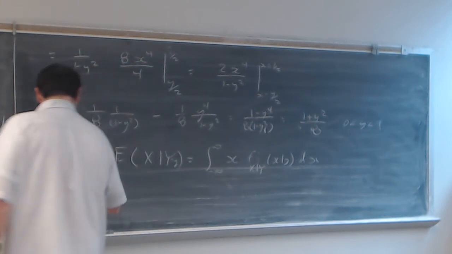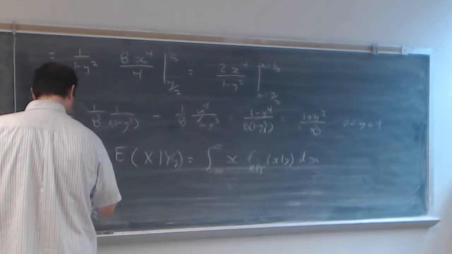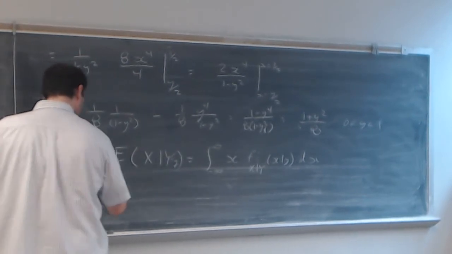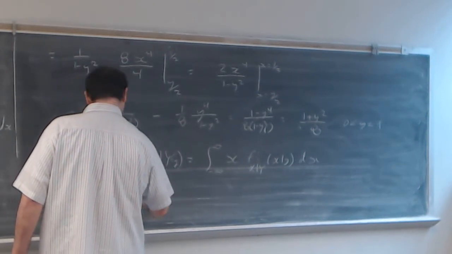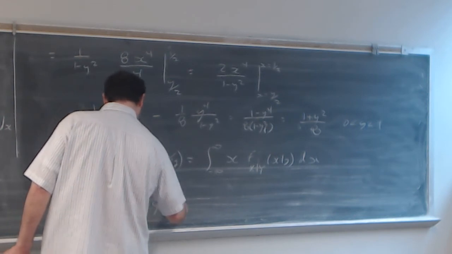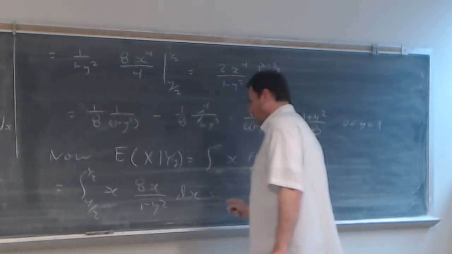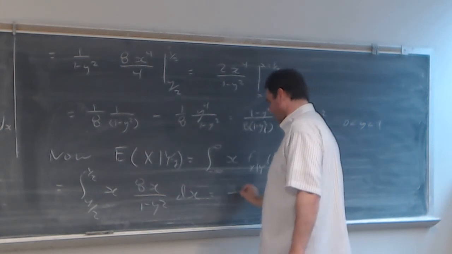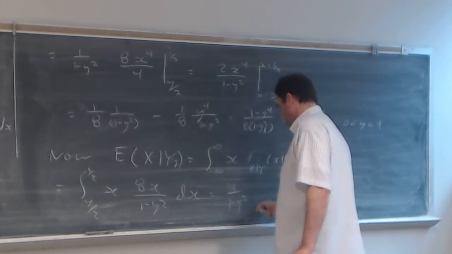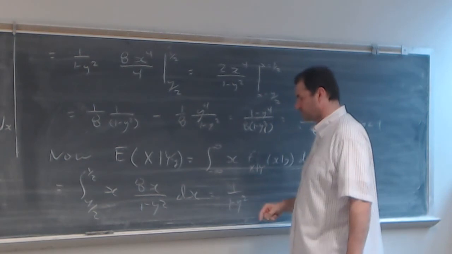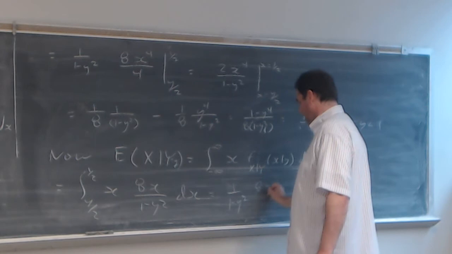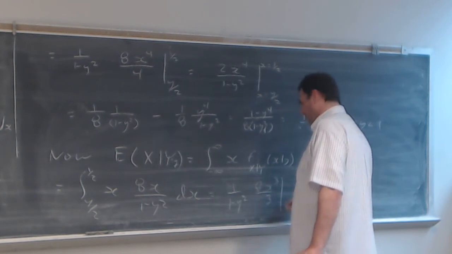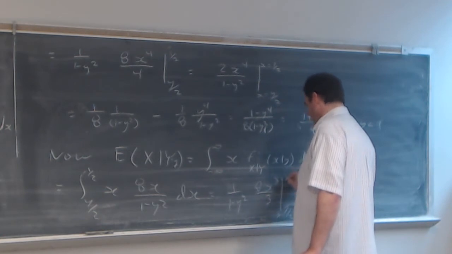As before, it's an integral from y over 2 to 1/2 of x times 8x over 1 minus y squared dx. When I integrate this, I pull out the 1 minus y squared. The 8x squared has antiderivative 8x cubed over 3. I need to evaluate that from x equaling y over 2 up to x equaling 1/2.